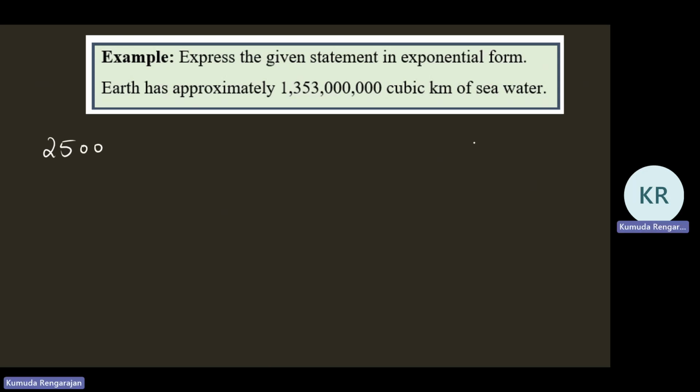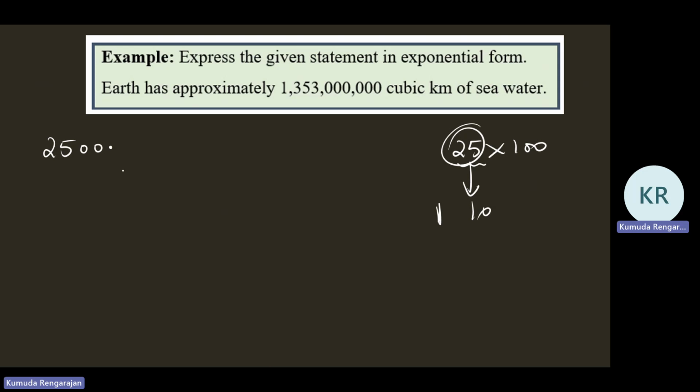Why did we not write 2500 as 25 into 100? That's the question. Because the first part is more than 10. It can be 1, anything more than 1, but less than 10. This is more than 10, not accepted. The decimal point is actually here.